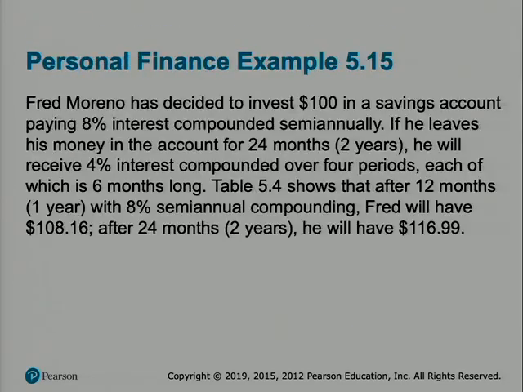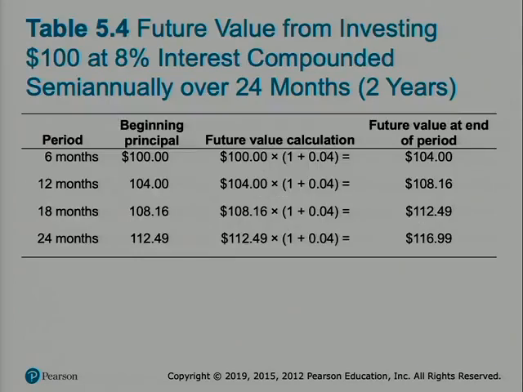Semiannual compounding. For semiannual compounding, we have to remember that we divide the interest rate and we multiply the years. Here the problem is $100 at 8% compounded semiannually for 2 years. In 2 years, we have 4 compounding periods because we take 2 times 2.